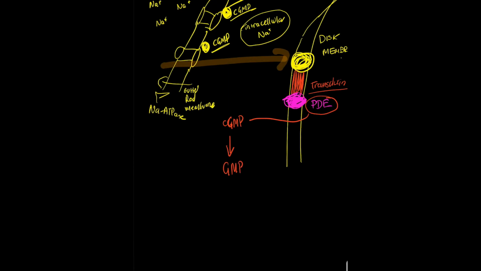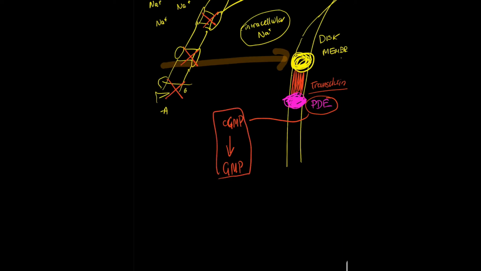Now, all of these places where we have cyclic GMP holding these ion channels open, that's gone now. And what then happens is that all of these are now blocked. Because there's such a shortage of cyclic GMP, that blockage causes hyperpolarization. Now, just to recap, hyperpolarization is when the cell becomes more negative.